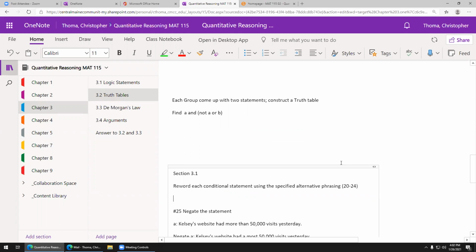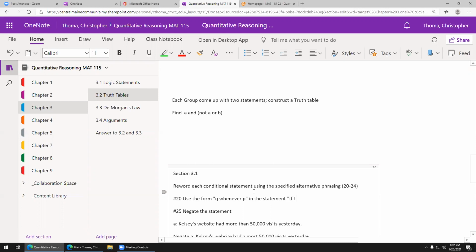All right, so I don't even know what this is asking quite yet. So let's see here, number 20. Use the form Q. I don't know what Q is. Oh, Q whenever P. Use the form Q whenever P in the statement.